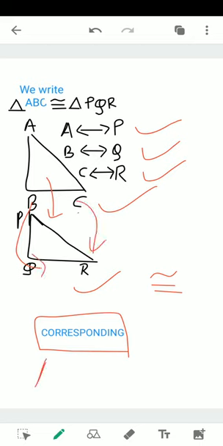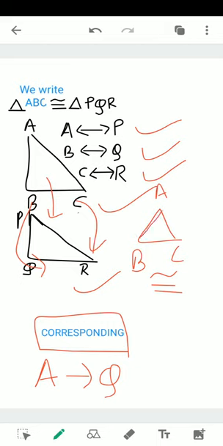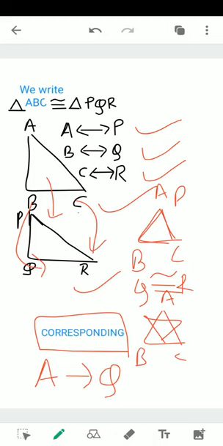Suppose A was corresponding to something like Q. If I keep 2 triangles on top of each other, A, B and C, and one more triangle, which is PQR, then they will be congruent if and only if A corresponds to P and B corresponds to Q and C corresponds to R. But if I keep this triangle another way, PQR also I can keep it, but in this way we cannot say that those 2 are congruent triangles.